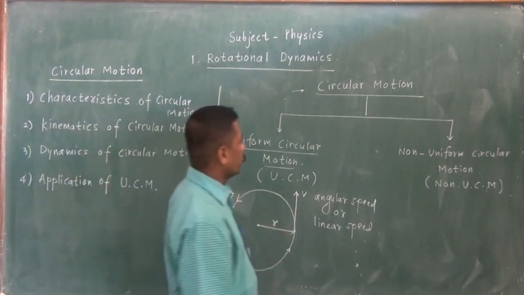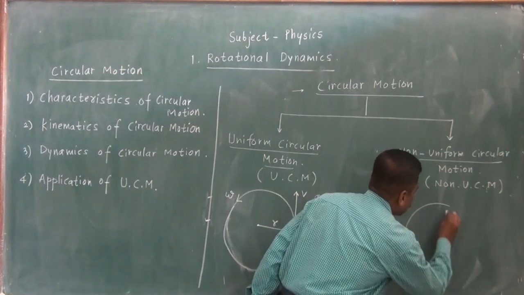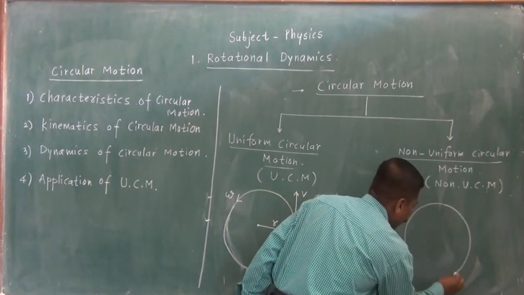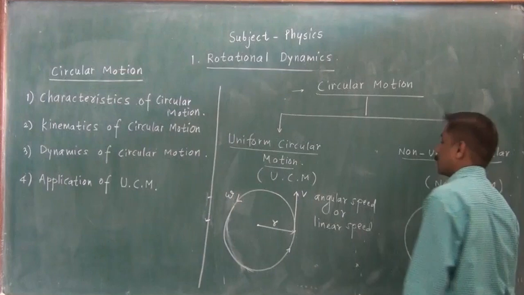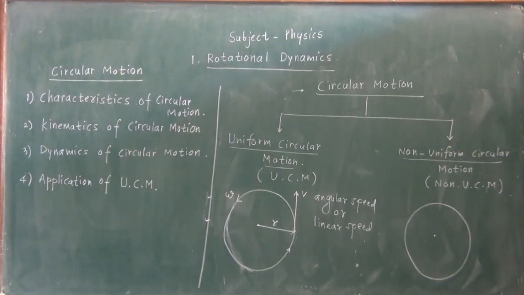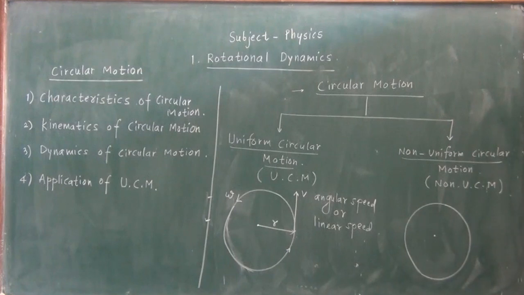Now what will be the non-uniform circular motion? The particle is moving along the circular path, but its speed is not constant. Means its speed is variable. Means the circular motion in which the linear speed or angular speed of the particle does not remain the same. So it is called variable speed, and such motion is called non-uniform circular motion.